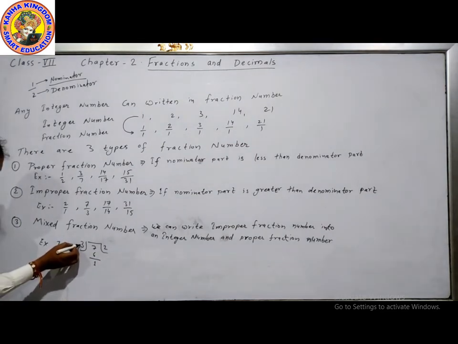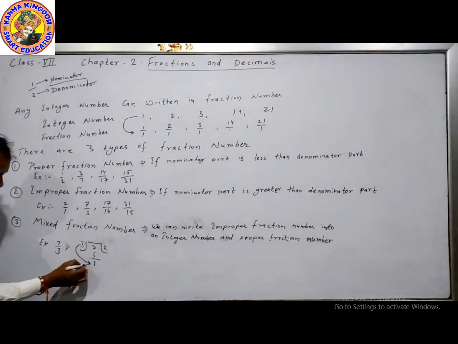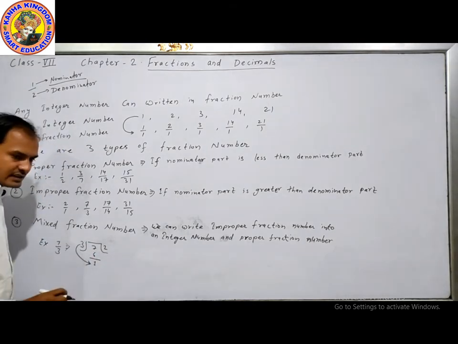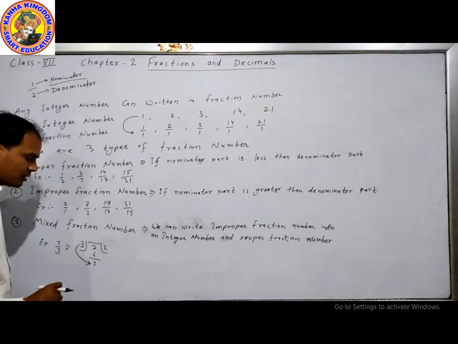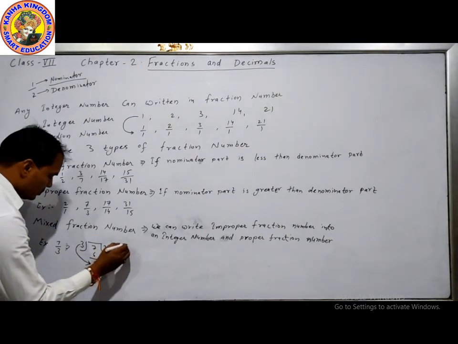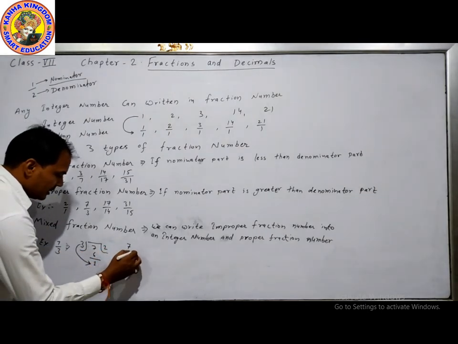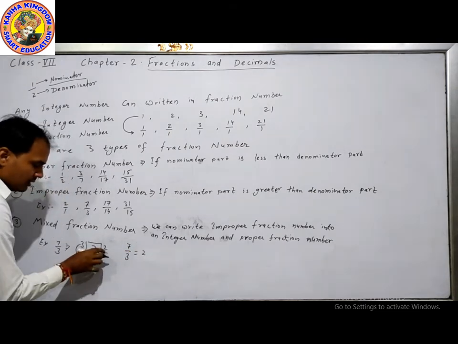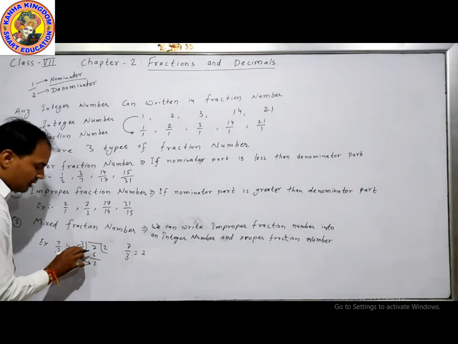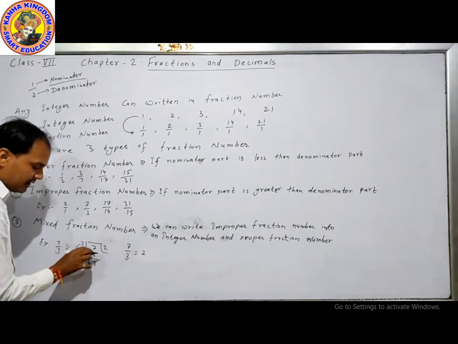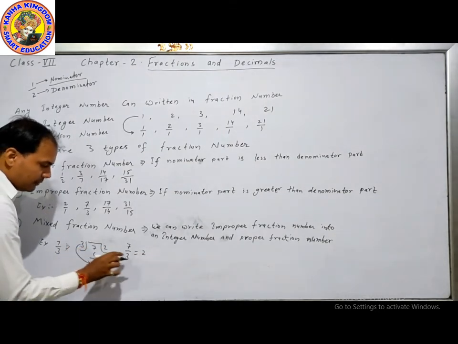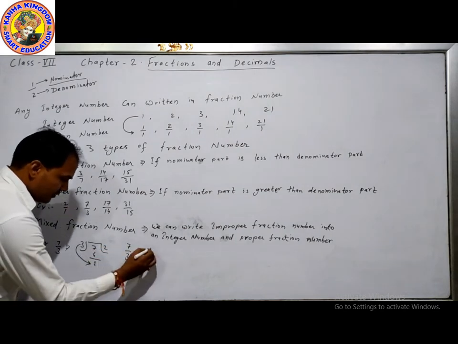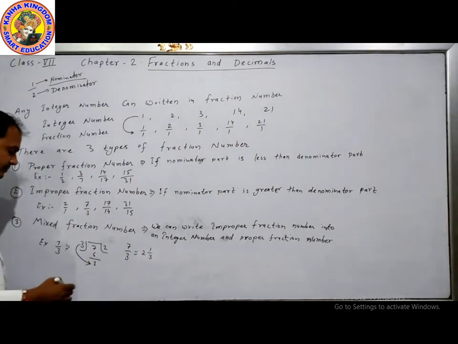In the next step, 1 is less than 3, so we stop dividing. So 7/3 is equal to 2 and 1/3: dividing by 3 into 7, 2 times, and remaining is 1, then 1/3.